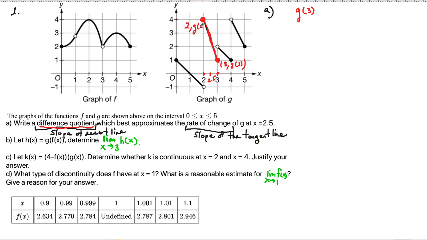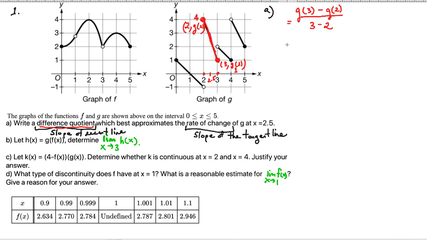And we know the y values because they're clearly written here. G of 2 is just 4, and G of 3 is just 1. So now computing the difference quotient, or the slope of the secant line, this line right here: G of 3 minus G of 2 over 3 minus 2, the difference in the x's.